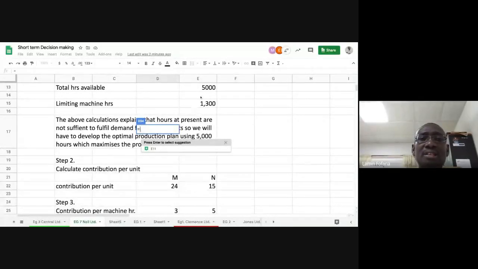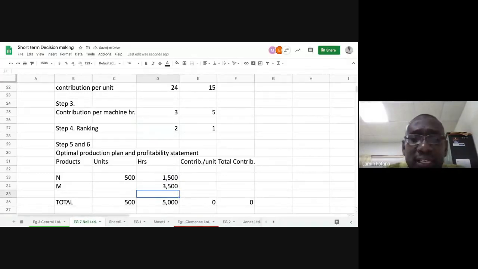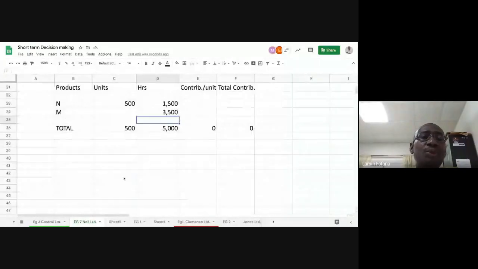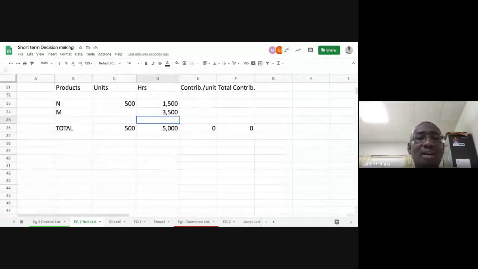So equals the total number of hours available, minus that of M. That means we are left with only 3,500 hours, and we require 4,800 hours if we have to produce the whole 600 units of M. Can we do it? Naturally, we cannot.